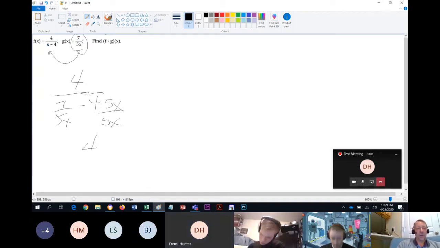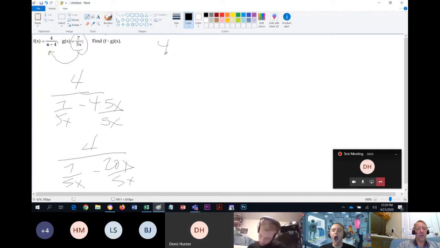So on the top, I've still got my 4. On the bottom, I've got 7 over 5x. If I multiply this by 5x over 5x, I'm going to subtract what? Isn't it 20x over 5x? 20x over 5x. Perfect.